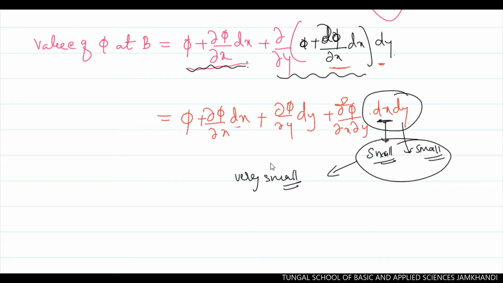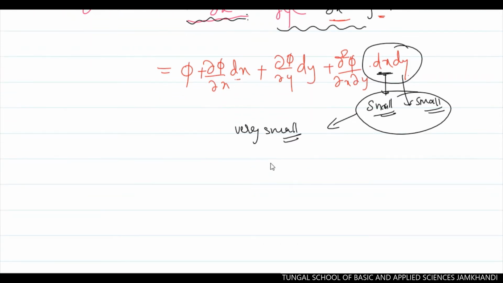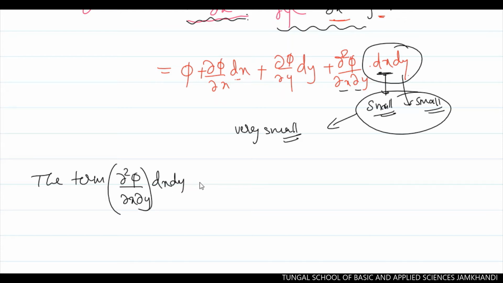So that's why the part of this function with the second derivative with respect to dx and dy is very small, and we can neglect it. So the term dou square phi divided by dou x dou y into dx dy is a very small quantity, so it can be neglected.